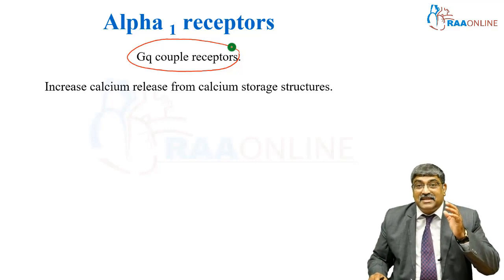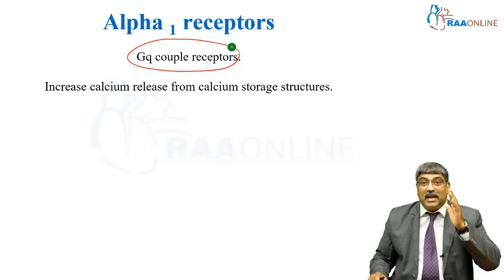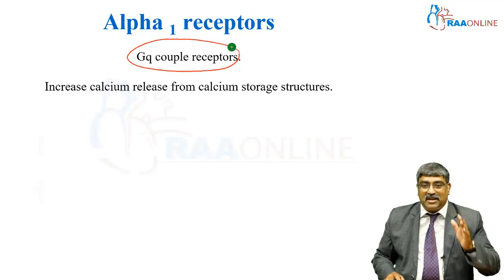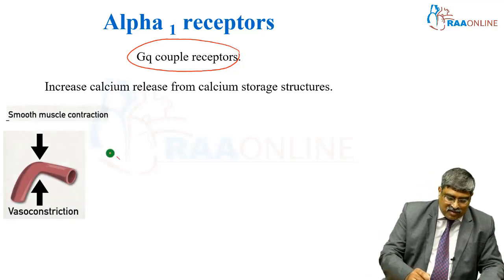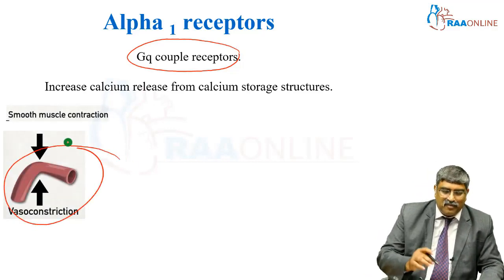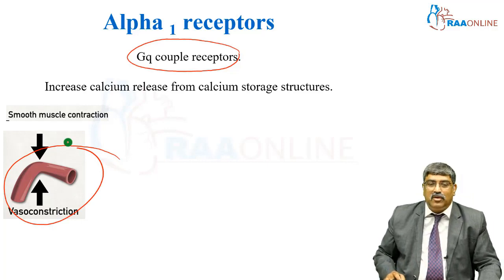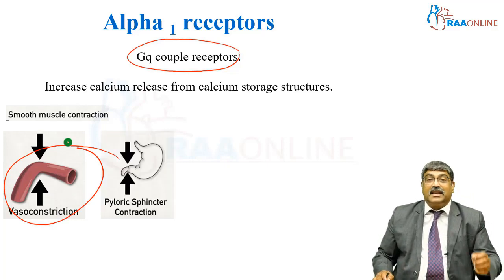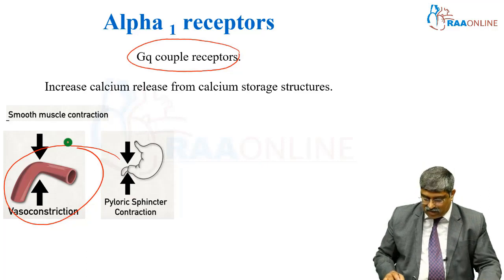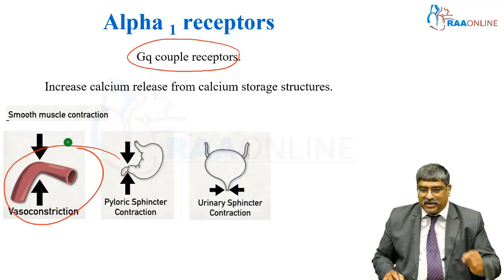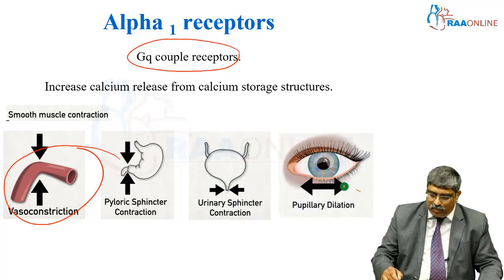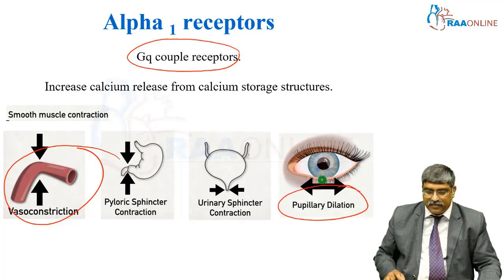It increases the calcium release from calcium storage structures. Here, peripheral vascular muscle contraction leads to vasoconstriction. It can cause pyloric sphincter contraction, urinary sphincter contraction, also pupillary dilatation.